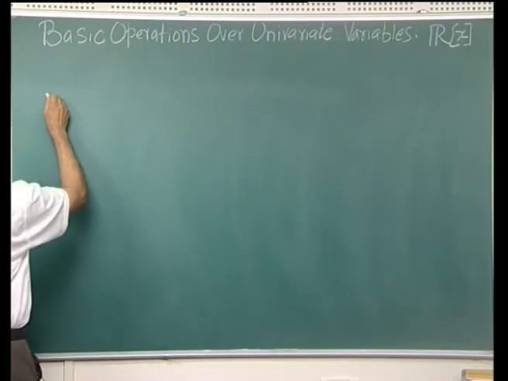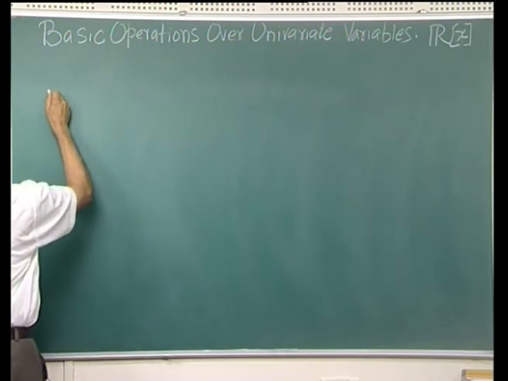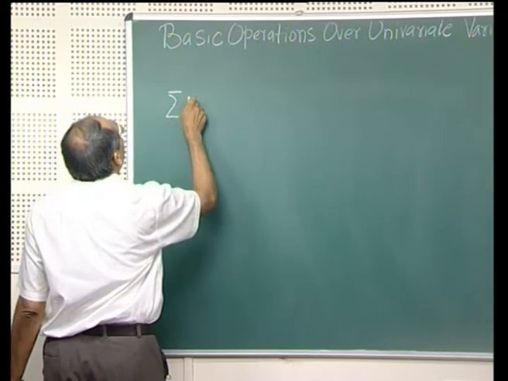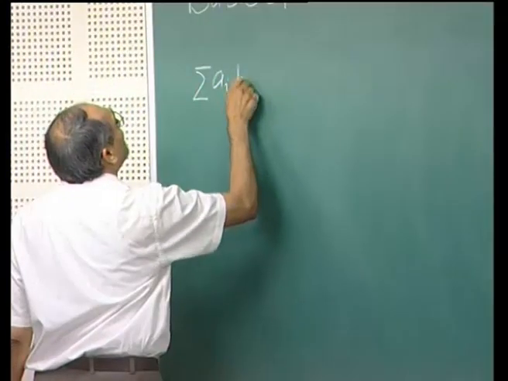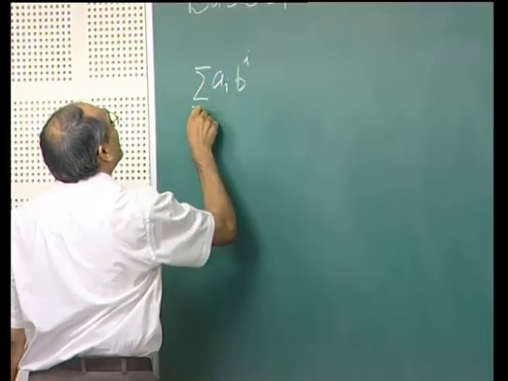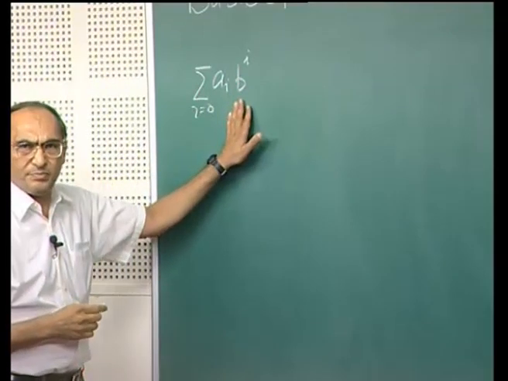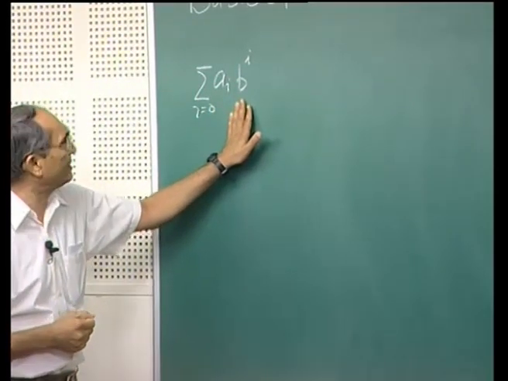Let us take a look at the way we represent integers. An integer looks like the sum of a_i b^i, from i equals 0 onwards, where b is the basis we use to represent that integer.